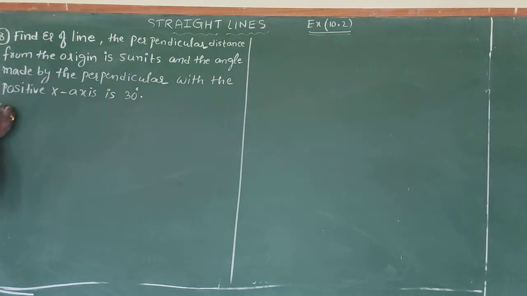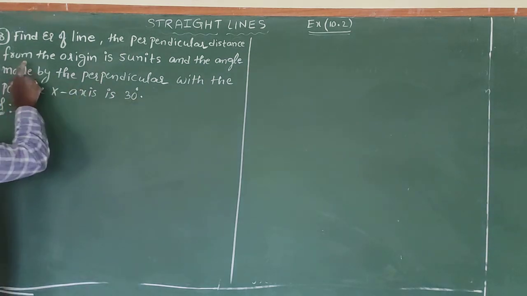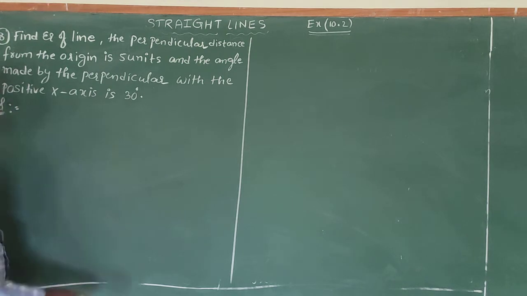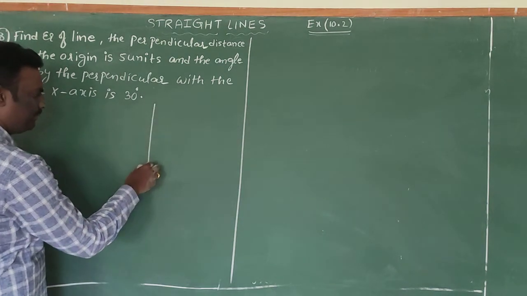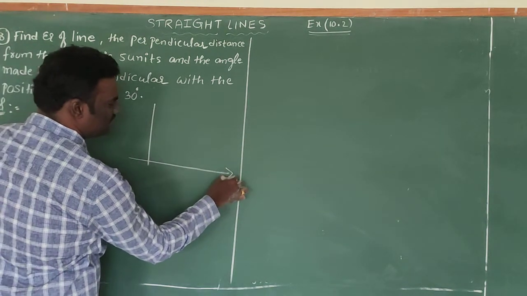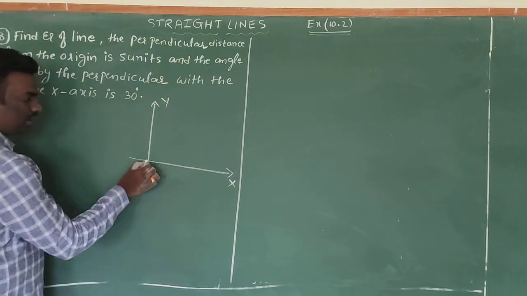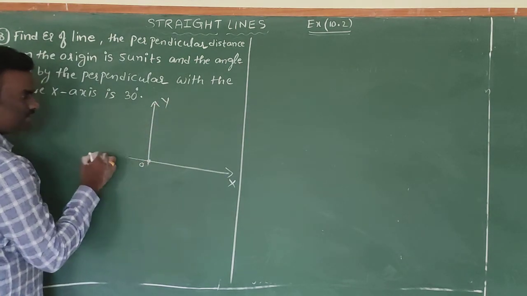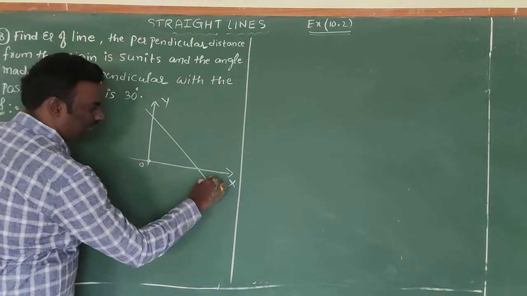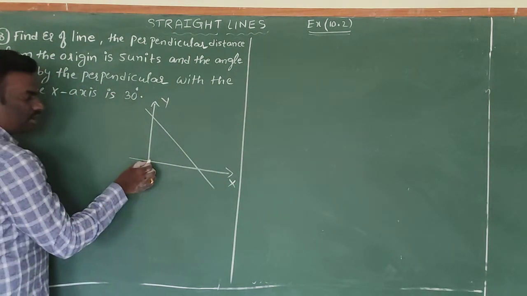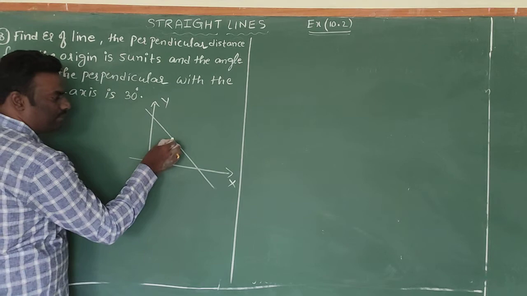Already we discussed this model question in the exam. Find the equation of the line. The perpendicular distance from origin to the line is 5 units. You draw a diagram. First you take the coordinate axes, x-axis, y-axis, and this is the origin. This is any straight line. From the origin you draw a perpendicular.